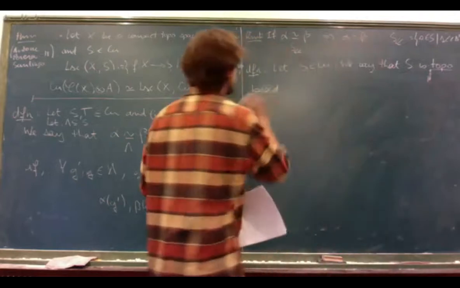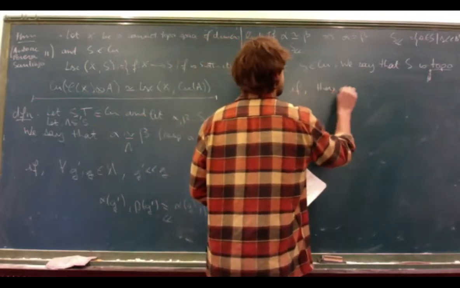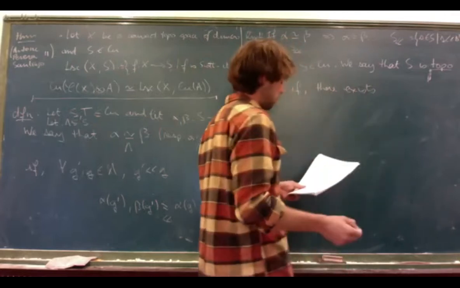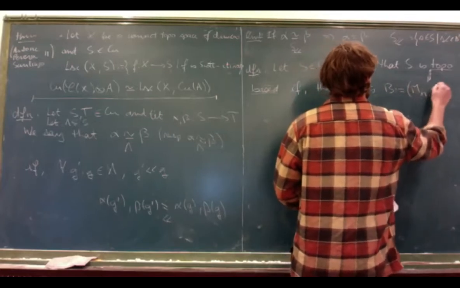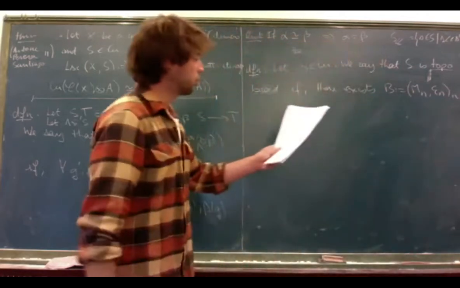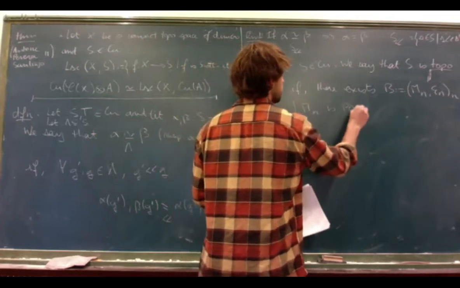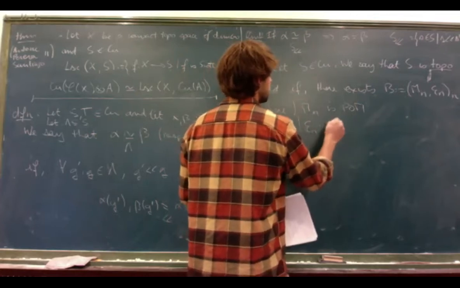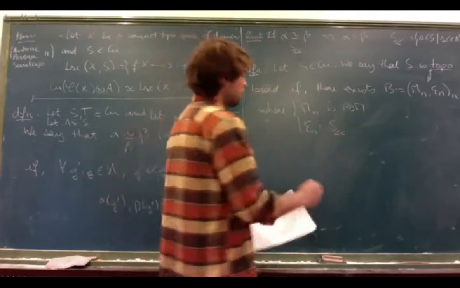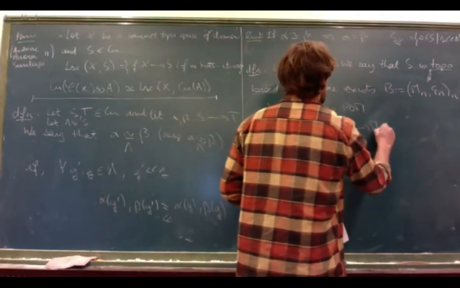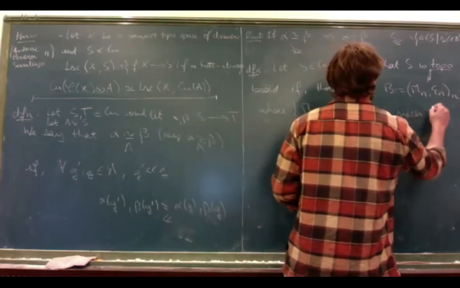The name might change in the future, but anyway, if I can find a countable family of pairs, which I will call B, where the first component is a positively ordered monoid M_n, and the second component is a POM morphism epsilon_n going from the dense subset of elements that are way below someone to the nth positively ordered monoid, and it has to satisfy the following.